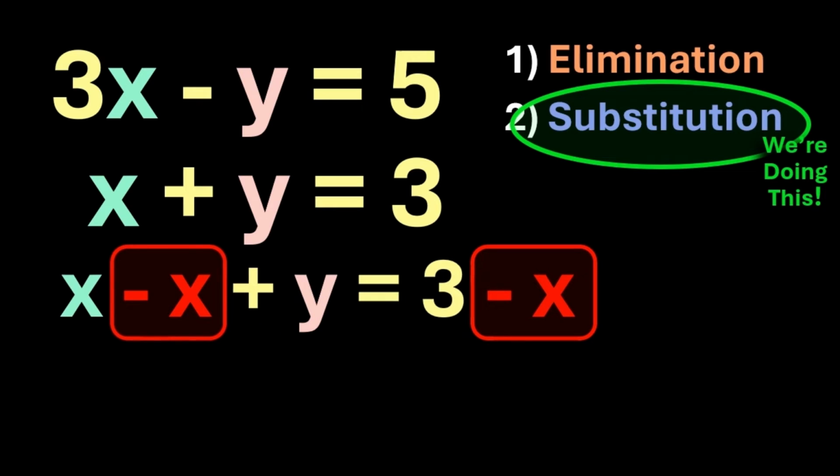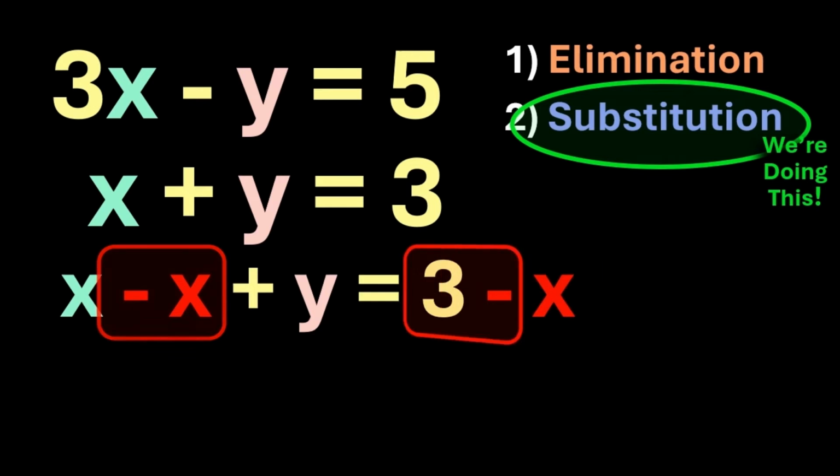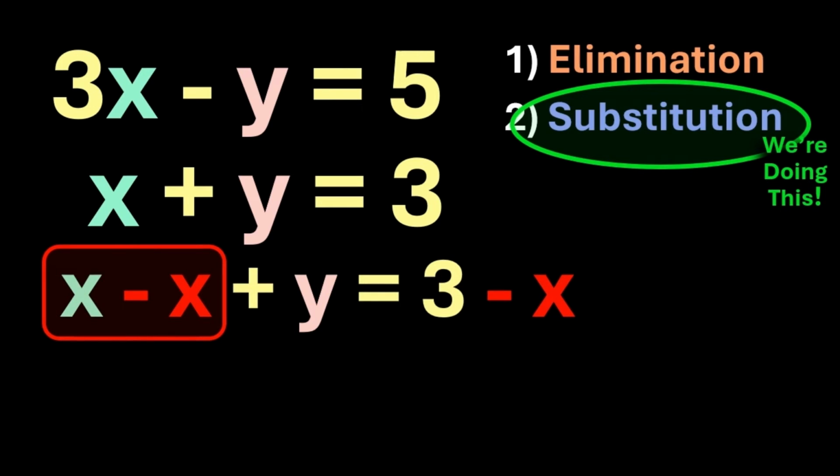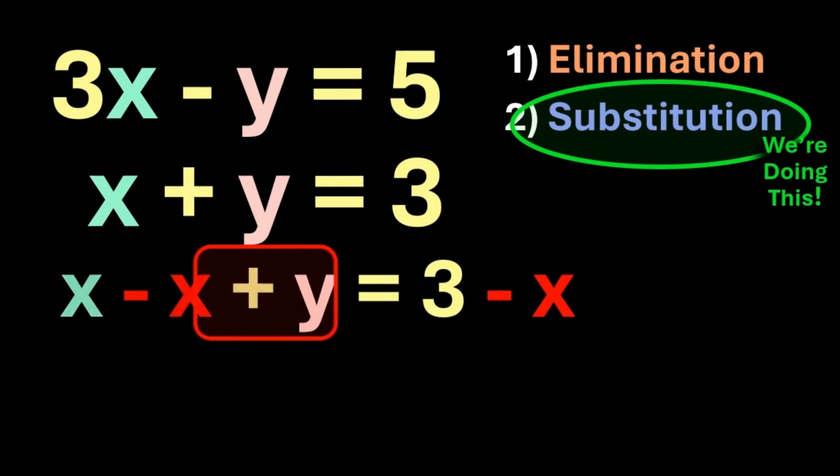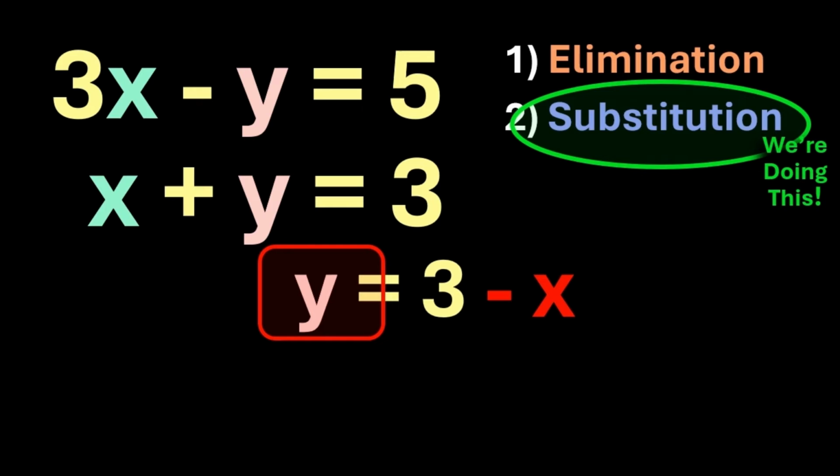So this is one of the basic rules when solving equations. Whatever you do to one side of the equation, you must do the same to the other side, be it addition, subtraction, multiplication, division, or whatever. Remember this very well. Now, on this side of the equation, x minus x cancels out, and y is left alone, which is exactly what we want.